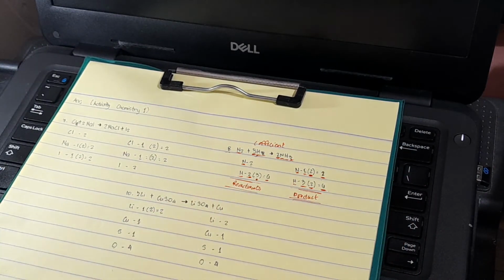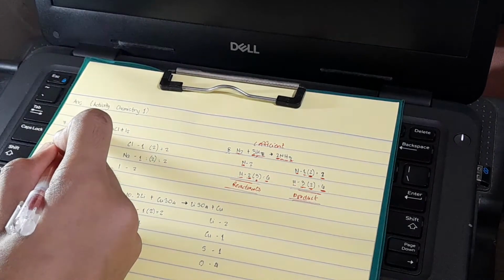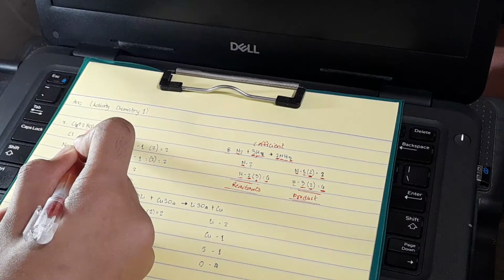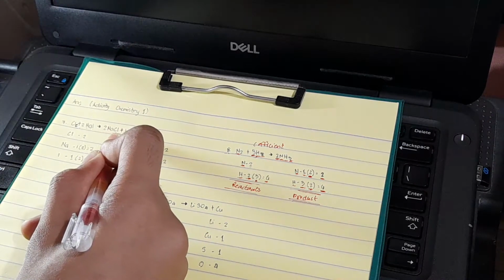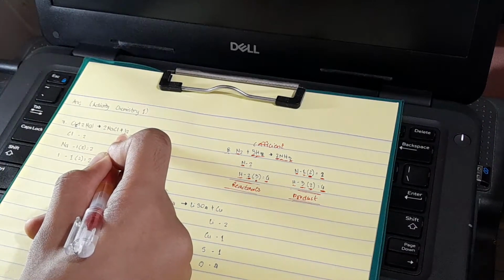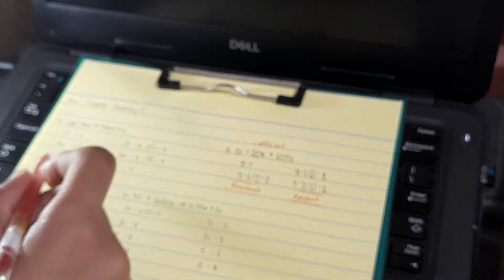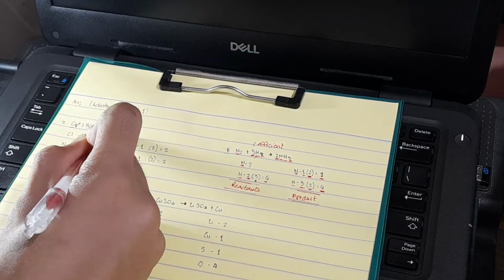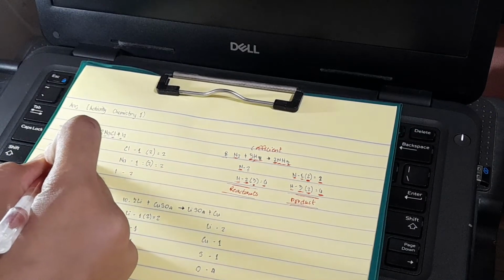Now, in the next example, Cl2 plus NaI to NaCl plus I2. Of course, we need to copy all the symbols. We can put it here.